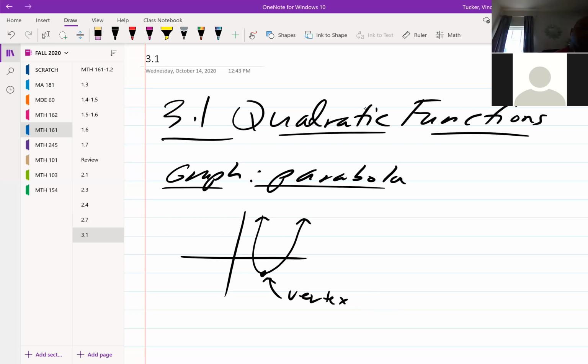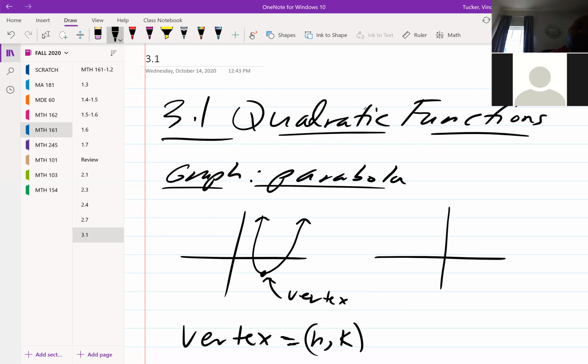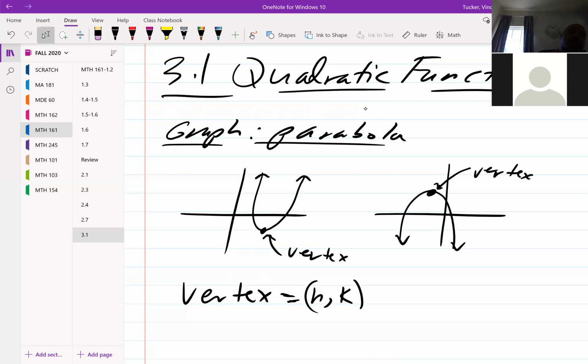Let's do it like this. Your parabola could be concave up or concave down. Whether it's your smallest value or your largest value, that would be your vertex.